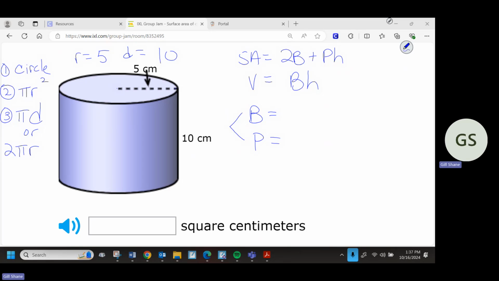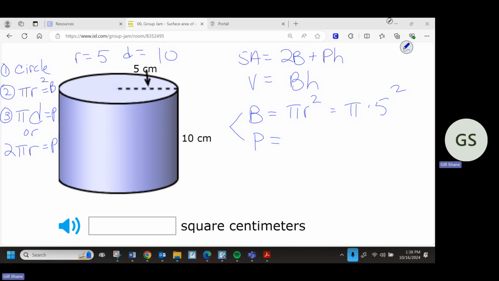So I'm going to use this formula for capital B, and either of these two formulas for the capital P. The base is a circle, so that's the formula for area of a base: pi times 5 squared. Make sure you square the 5 first.